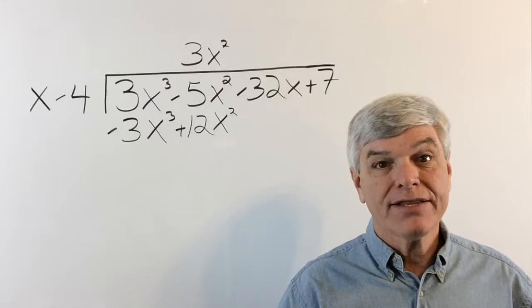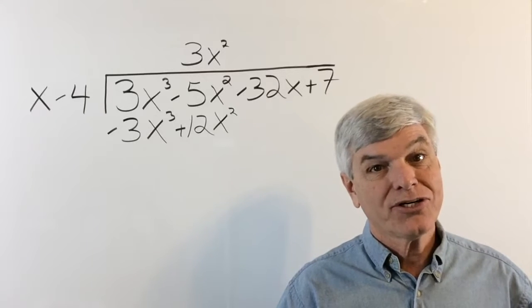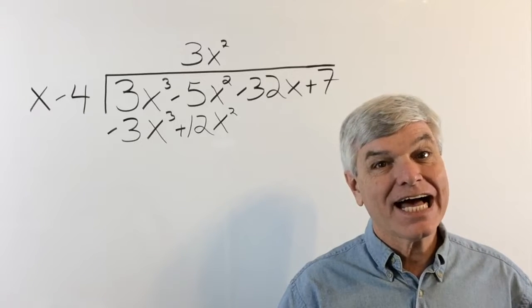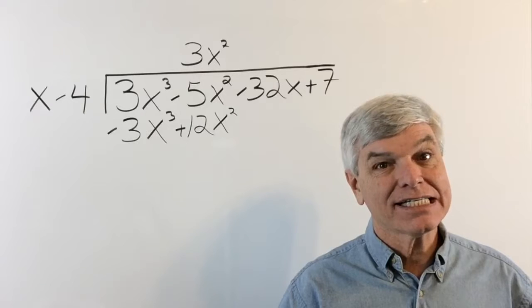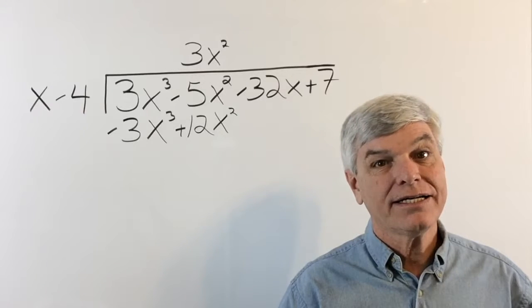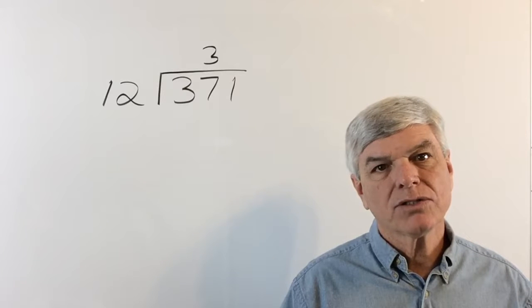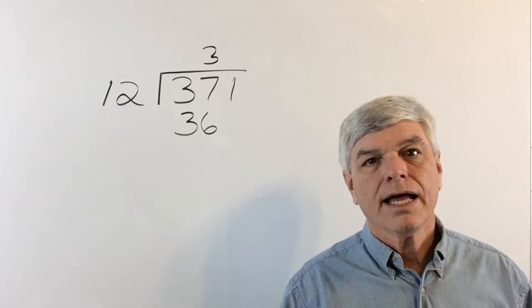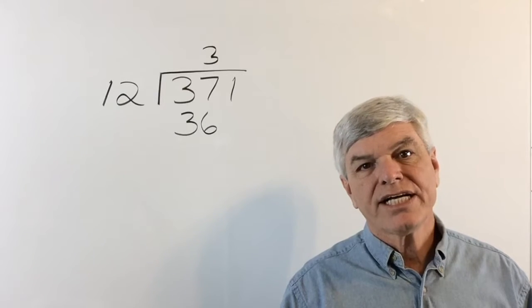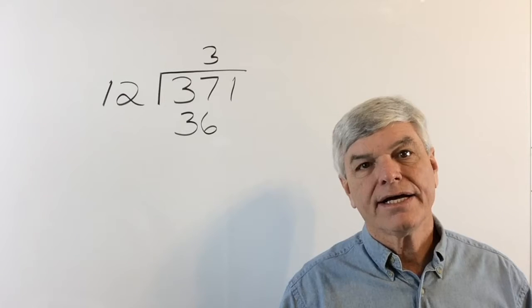What's that? We didn't do that in the 5th grade? We didn't change the sign in the 5th grade? We sure did. You changed the sign. They didn't tell you were changing the sign, but you changed the sign. Well, let's go back and look at that. We said that 12 goes into 37 3 times. That'll give us 36. And what do we do? Change the sign and add.